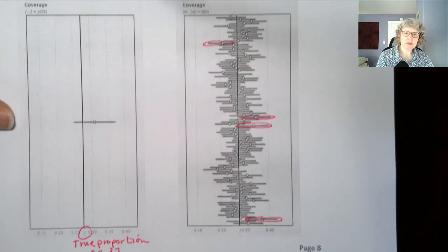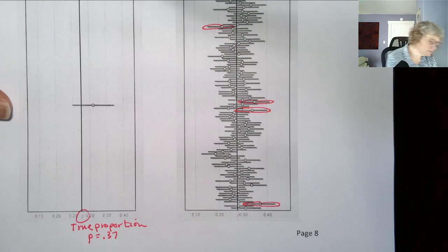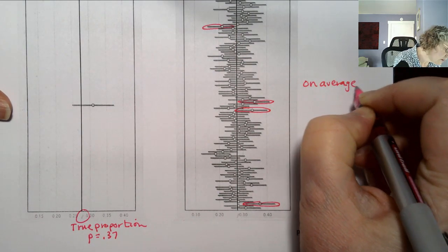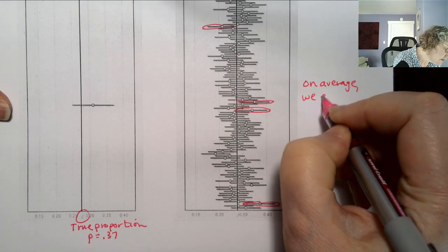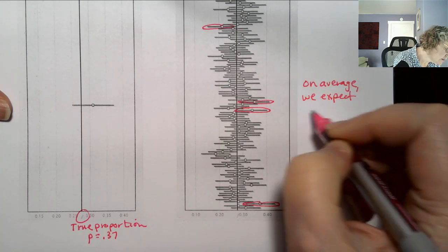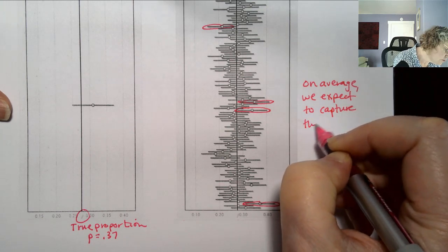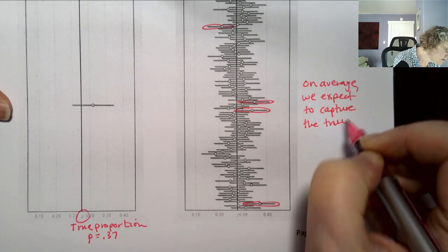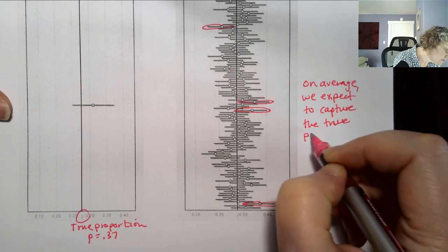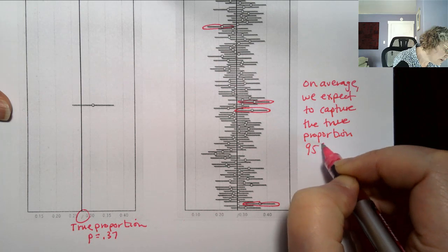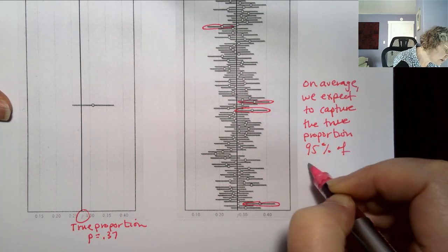So on average, or in the long run, we expect to capture the true proportion 95% of the time.